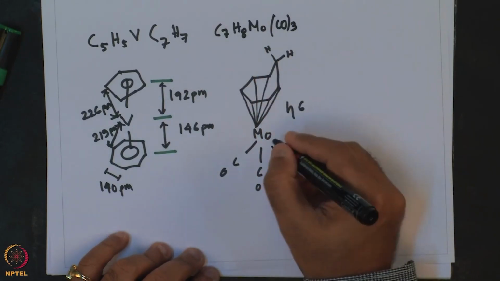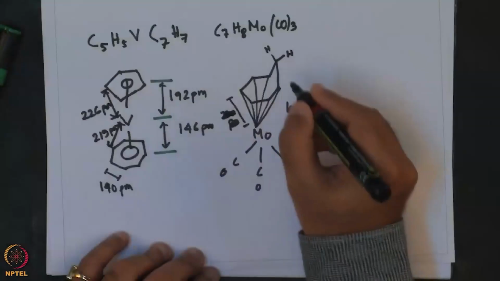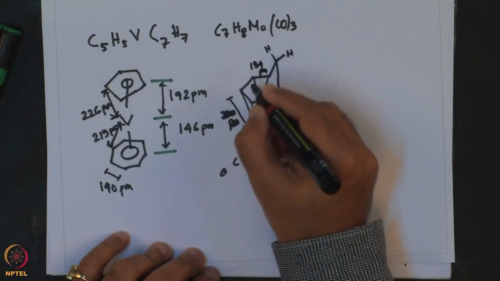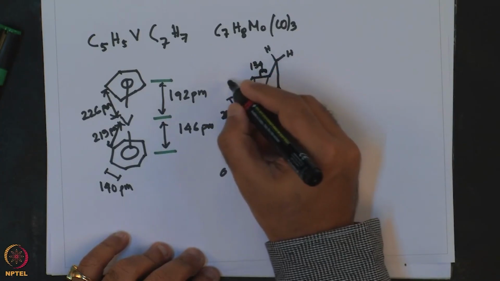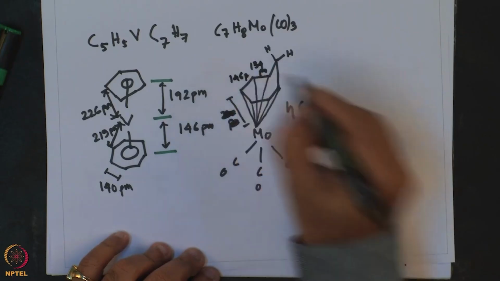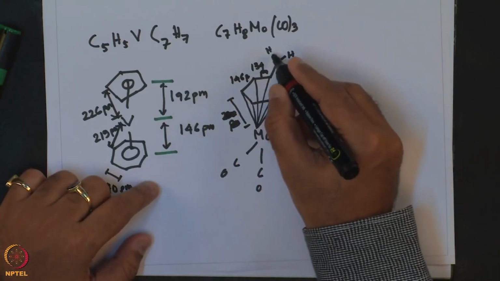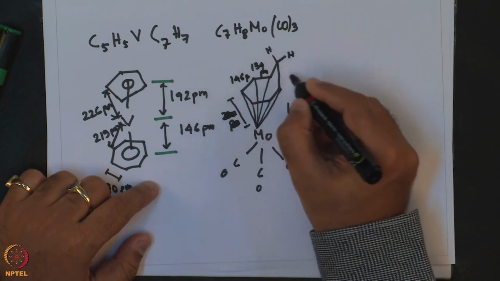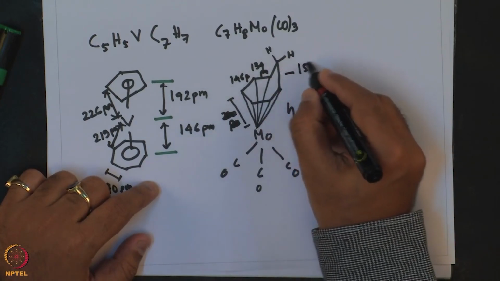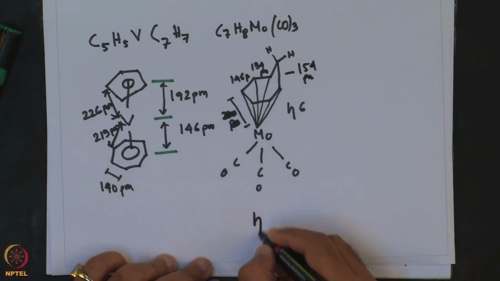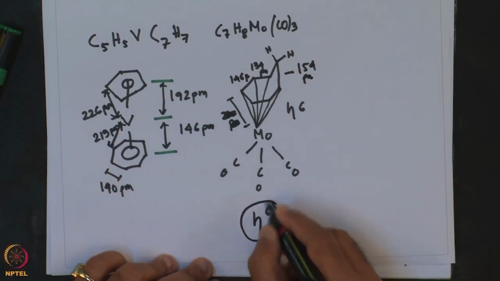So, the distance is about 134 picometer, and the other one is 146 picometer. So, it is between 134 and 146, whereas the hydrogens which are not part of the ring, that is even higher, 154 picometer. Now, this is an eta 6 system.